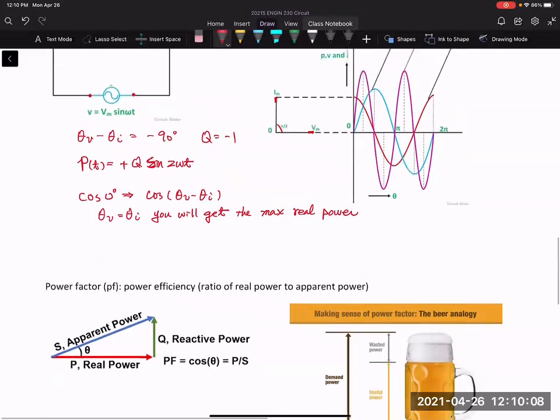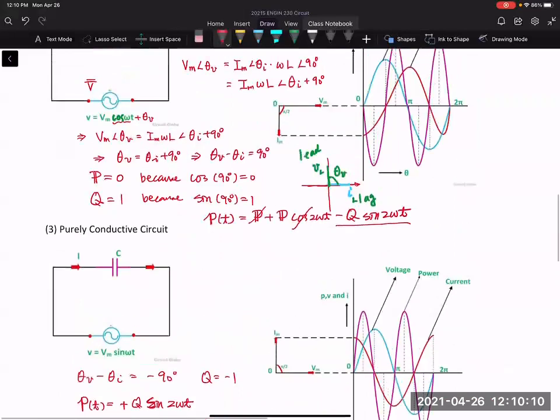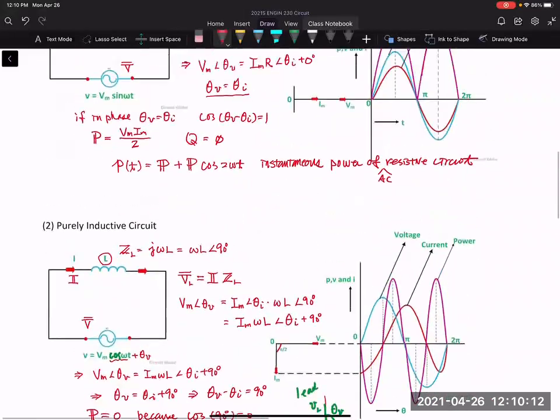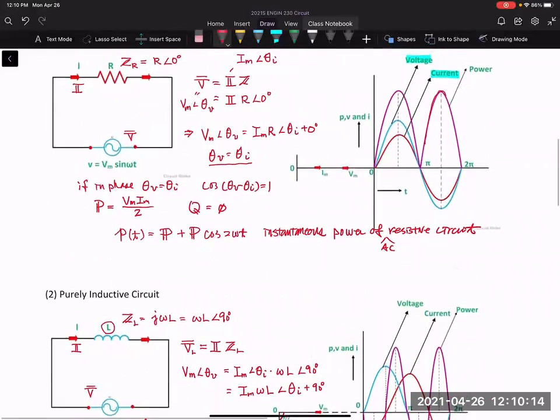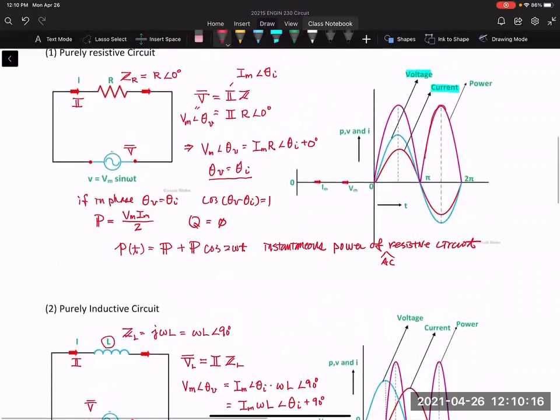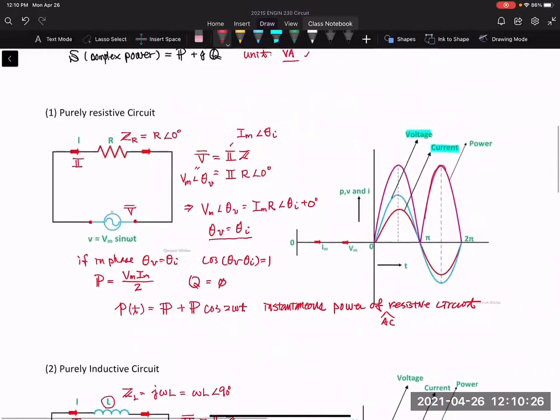And what is the real power? Remember, the P is the real power. So how do you get the P to be maximum? You have to make the theta V equal to theta I. Okay, so the theta V equal to theta I is going to give you the maximum real power.